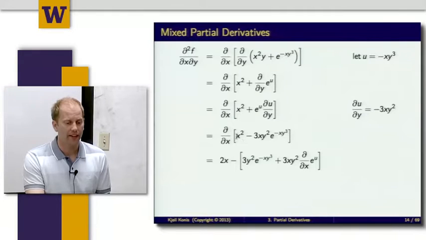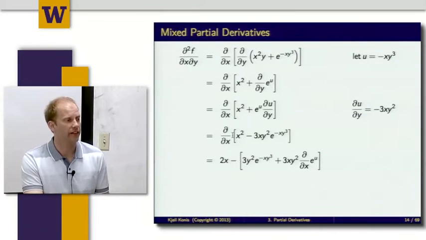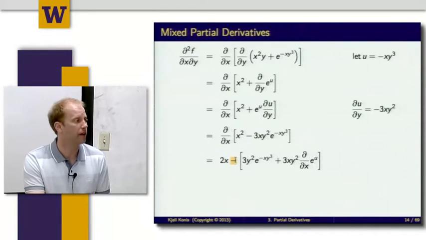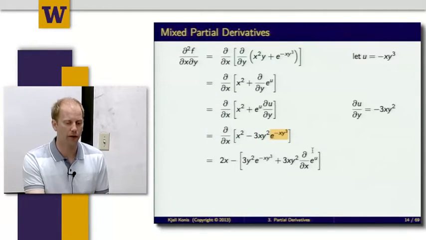And so now I want to take the partial derivative of this guy with respect to x. Again, I'll do the first term, just because the derivative of x squared is easy. By the power rule, I just get 2x. And then this minus is going to appear here. Then I'll take the derivative of this term by treating it as two functions, 3xy squared and e to the minus xy cubed.